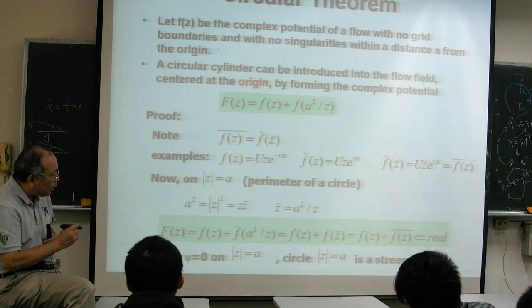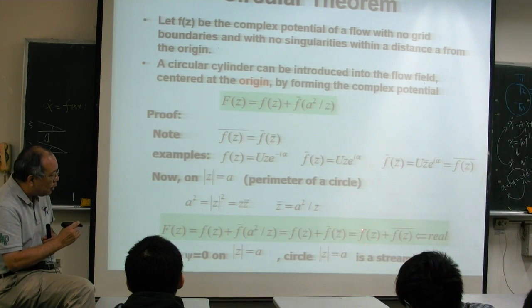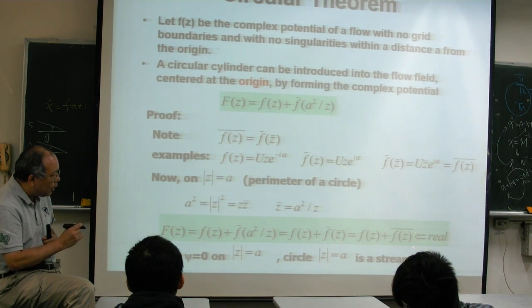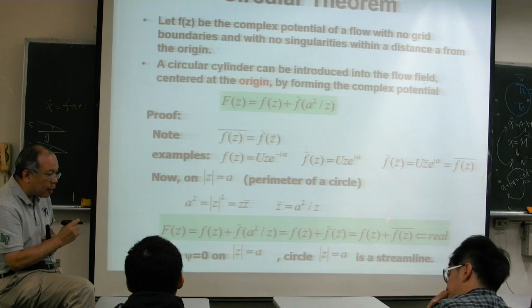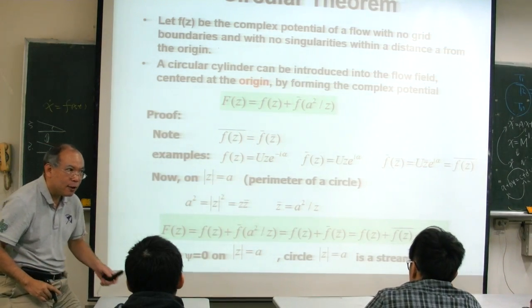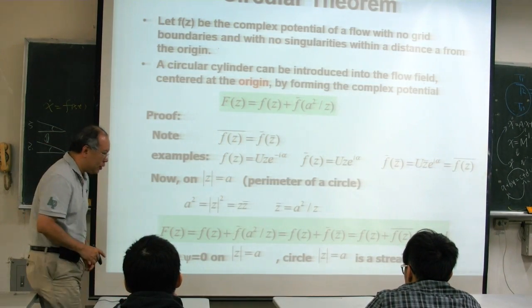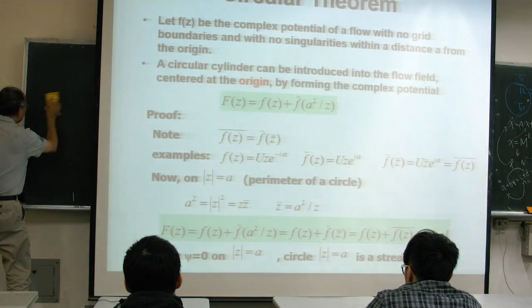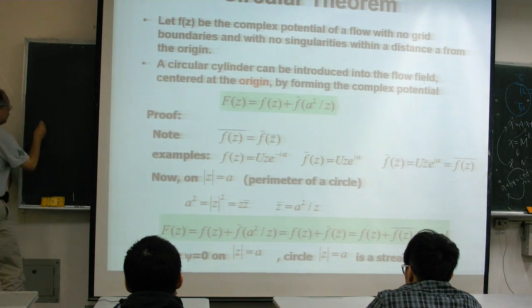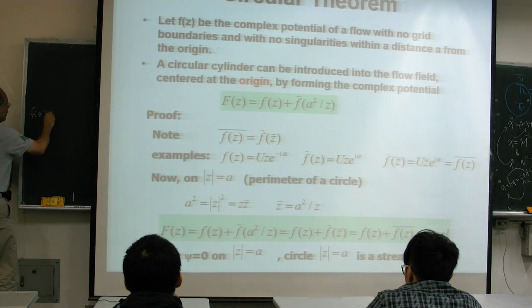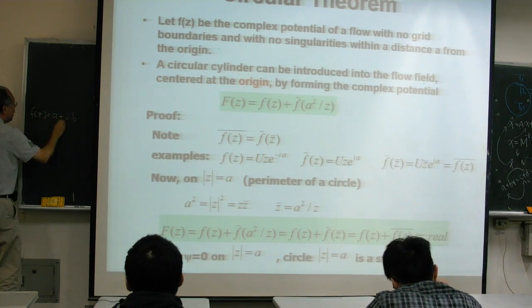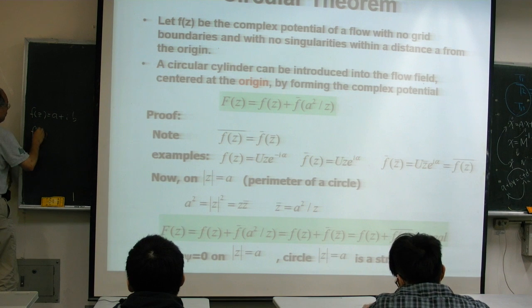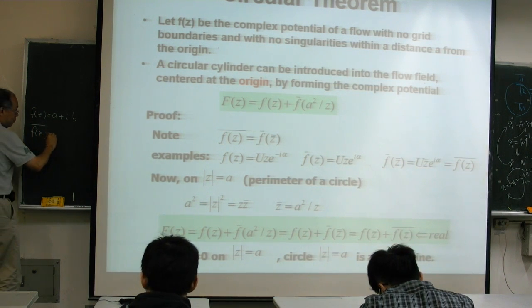Right? And what does this mean? This is a complex function plus its own complex conjugate. 什么意思？一个复数加上它的共轭复数变成是一个实数。f(z) is equal to u plus iv, right? f(z bar) is what? u minus iv, right?